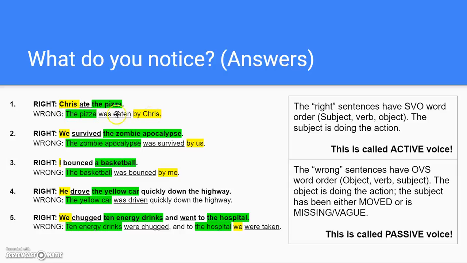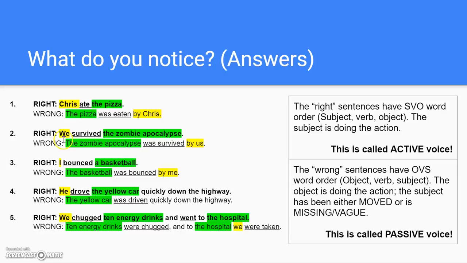It still has all the needed parts to be a complete sentence, so it's still complete. It's just an awkward word order and is more formal and less direct. And the subject isn't doing the action anymore. The subject has been removed from the emphasis.